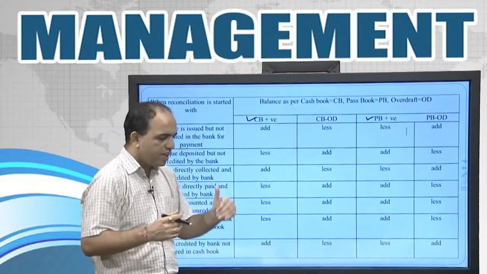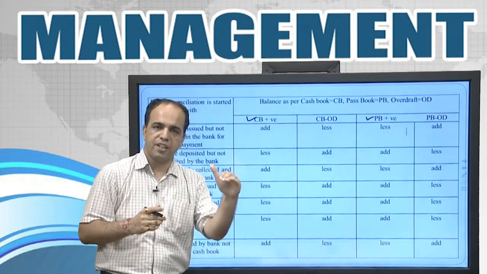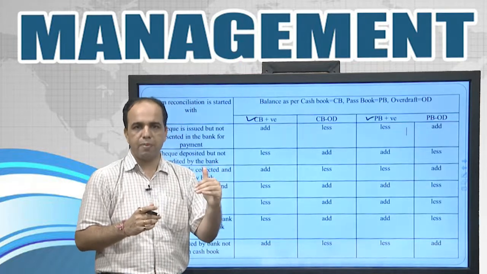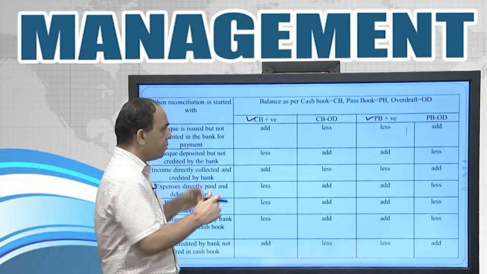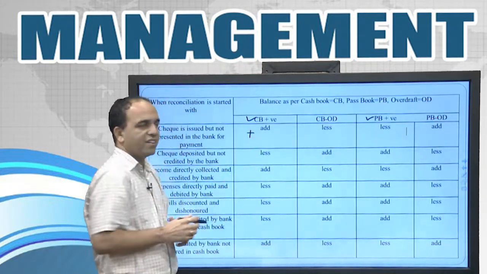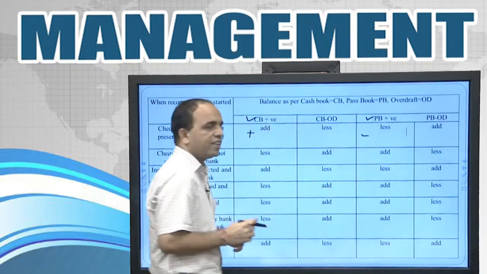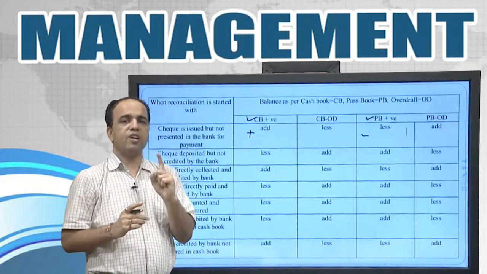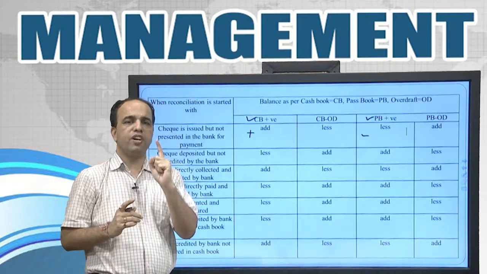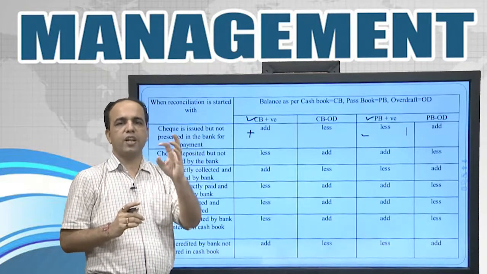When we have issued the cheque, we have reduced the bank amount in the cash book, so immediately you have to add it. Vice versa, in the passbook the reverse entry, minus. So, I advise you to go for only one effect first. The second effect you can give very easily.